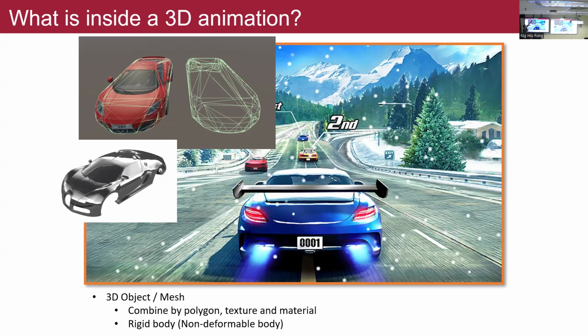Basically, a polygon is a combination of vertices. There are lots of vertices. Three vertices together will draw a triangle, and this triangle is the face. Lots of faces combine together and become a polygon. Okay, so for easy understanding, point or vertex.